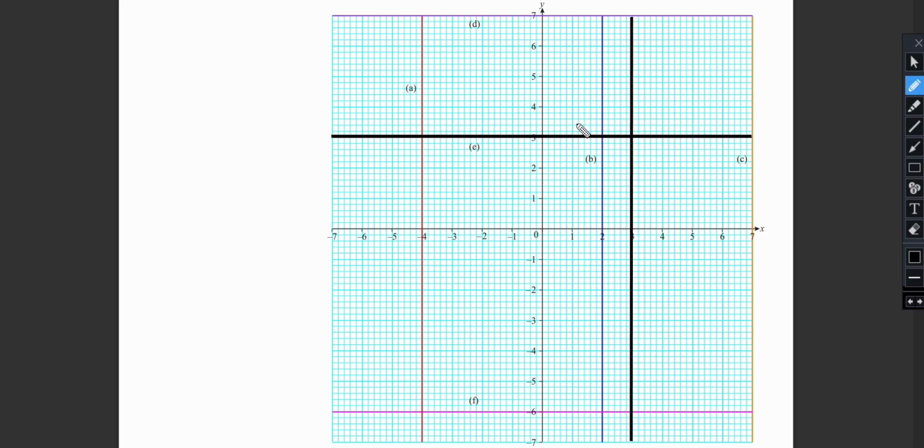I'll actually write them down. This is the A part. I'll circle those values. This is A. This is B. Now for the C part, it is y is equal to -1. So this will be a horizontal line at -1.